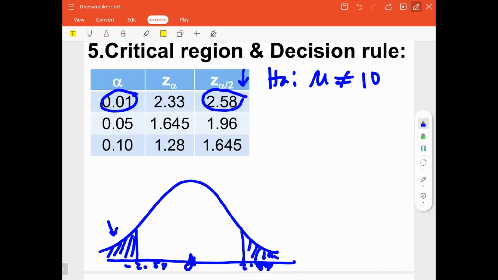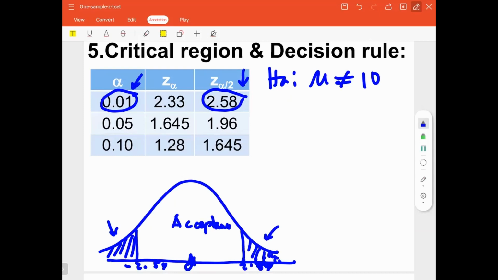This means that when the value of the computed statistic is within this region, we reject the null hypothesis, because this is the acceptance region and this is the rejection region. Take note, in a two-tailed test, the alpha of 0.01 is divided into 2.